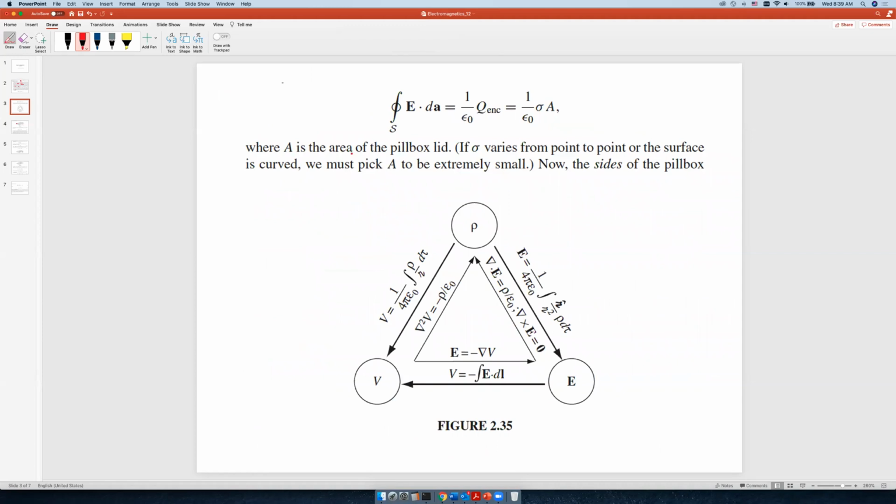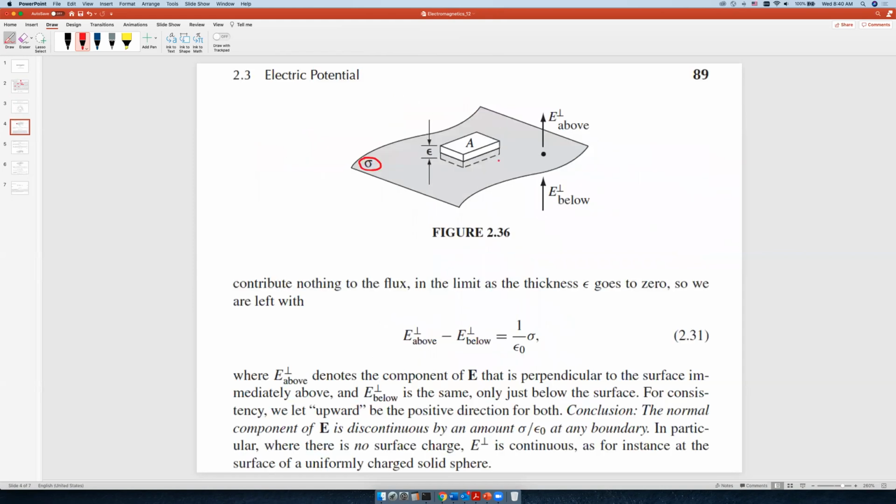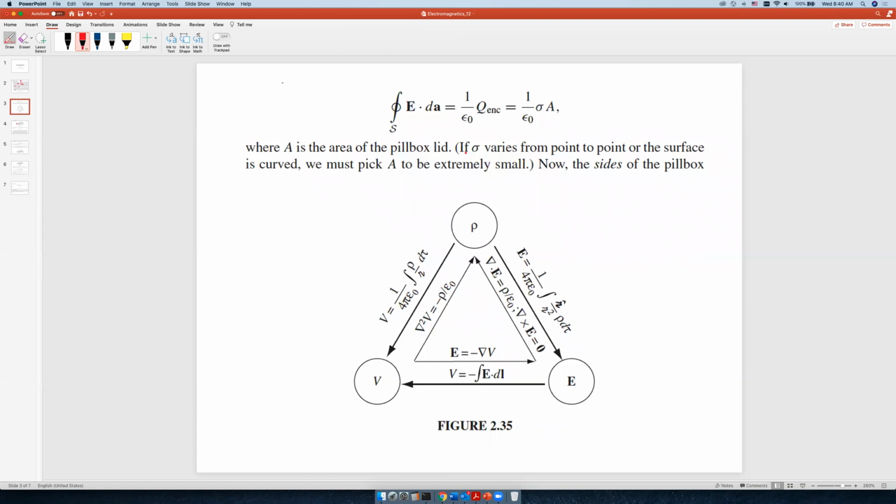A is the area of the pillbox lid, or the area of the surface covered by the pillbox, because the surface is shown as a curved structure. The part of the pillbox covered is A. If sigma varies from point to point on the curved surface, we must pick A to be extremely small.